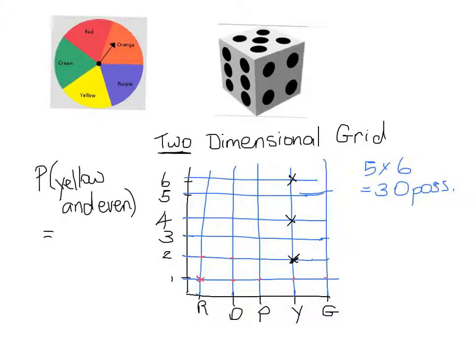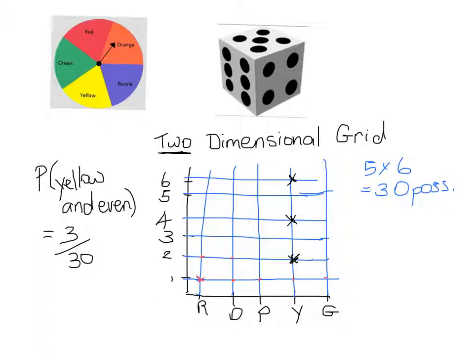These 3 places are 3 places out of a total of 30. So the probability of getting yellow when you spin the spinner and even when you toss the die, both events, is 3 out of a total of 30.